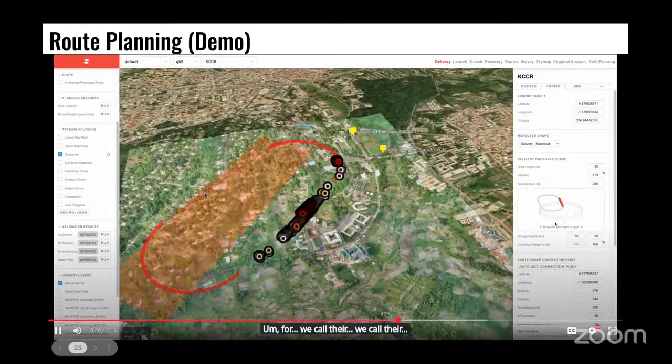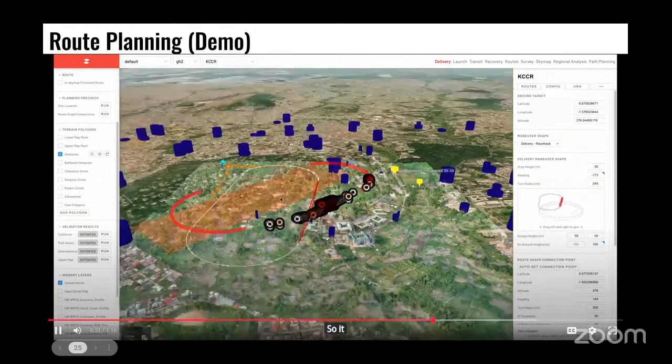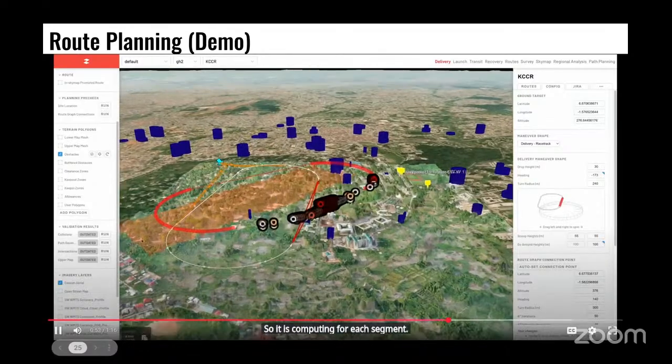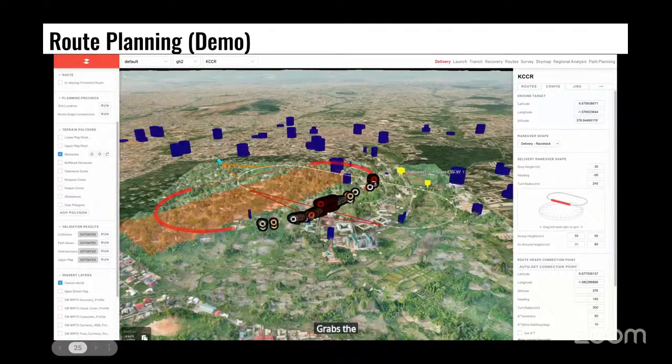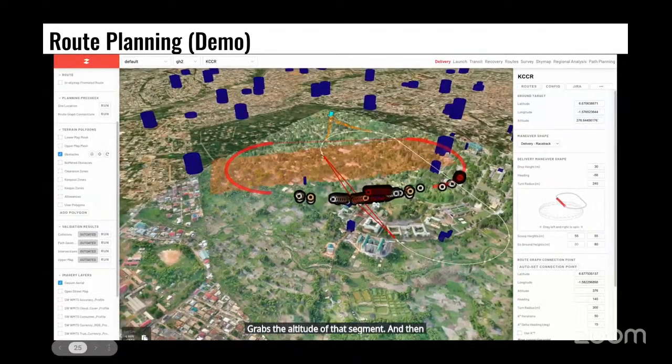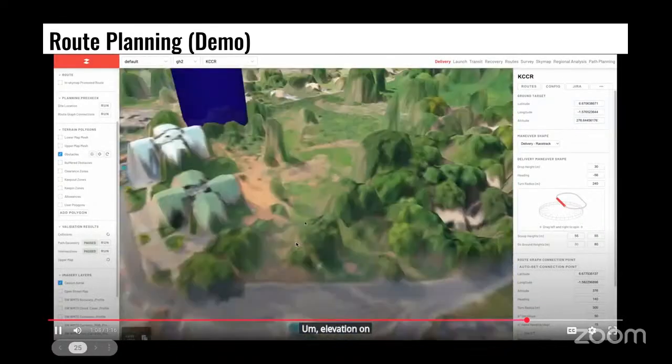We call the lines that make up a route segments. So it is computing for each segment. It takes the segment in space, grabs the altitude of that segment, and then it checks the corresponding elevation on ground, and then it computes the difference.